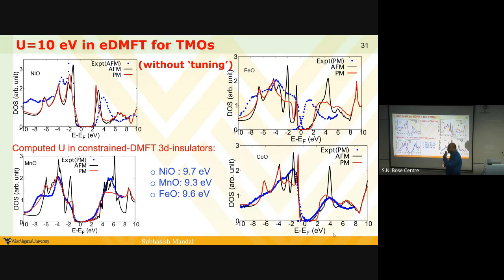Exactly, and that we can now get the structure from the DMFT. You get the structure from the DMFT, and you compute the U for these two phases. You get U equal to 10 for the insulating phase, 5 for the metallic phase. So for the insulating phase, you still are good with U equal to 10, even for vanadium.